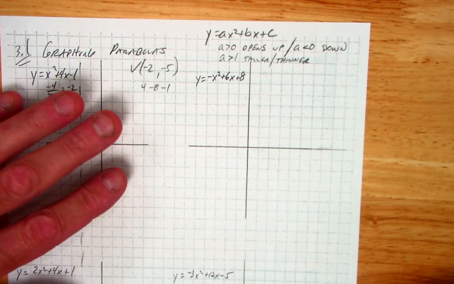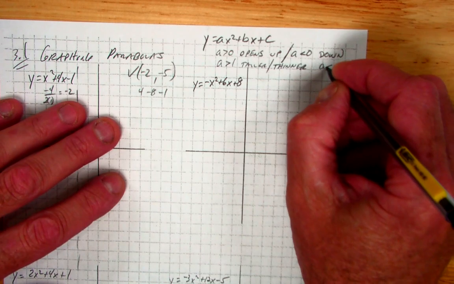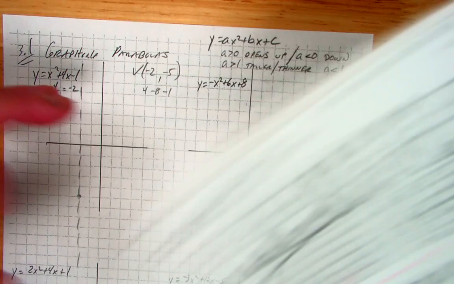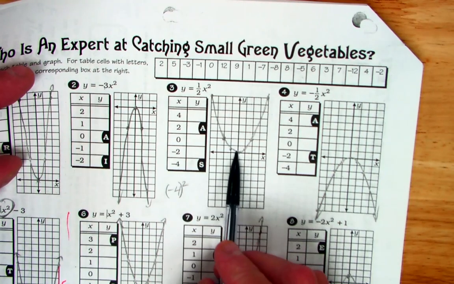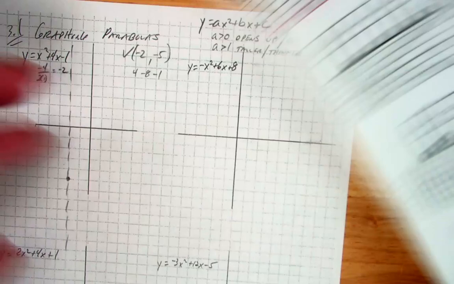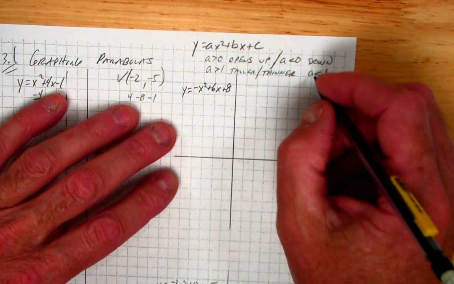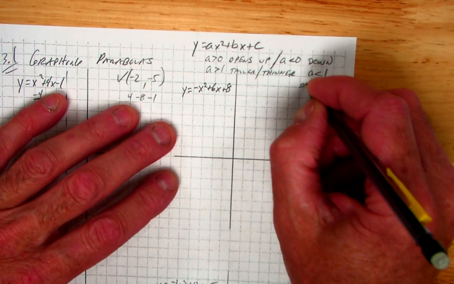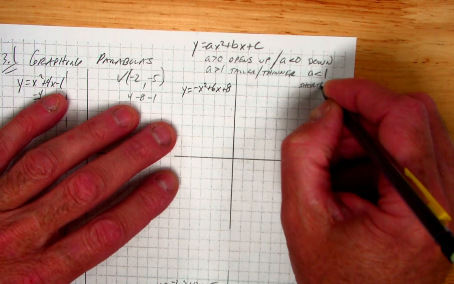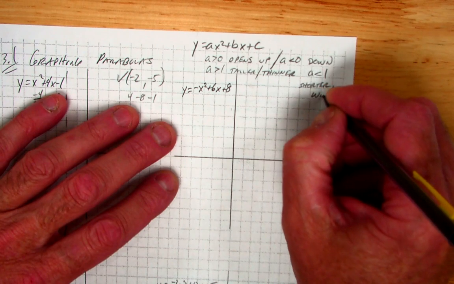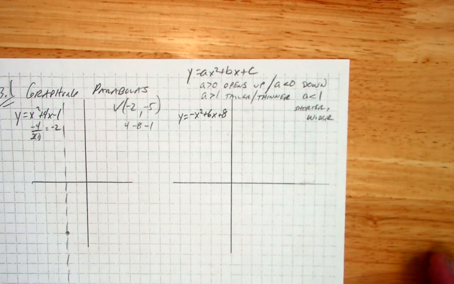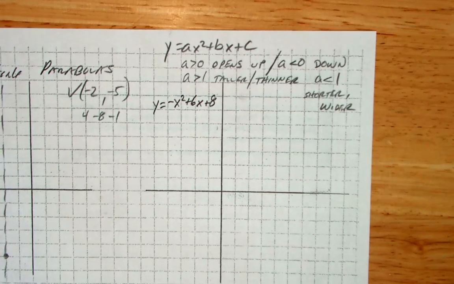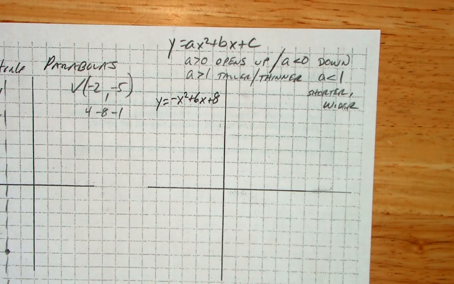Okay. But what if a is less than 1, like 1/2? There you go. Good. Like this one is shorter and fatter. Okay. If a is less than 1, it's shorter, wider. If you prefer fatter, that's fine. But I'm going to add one thing to this, and there's a reason.